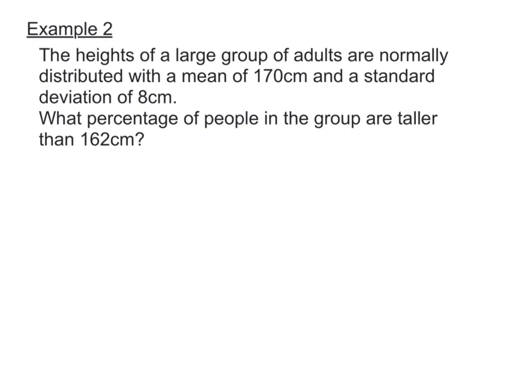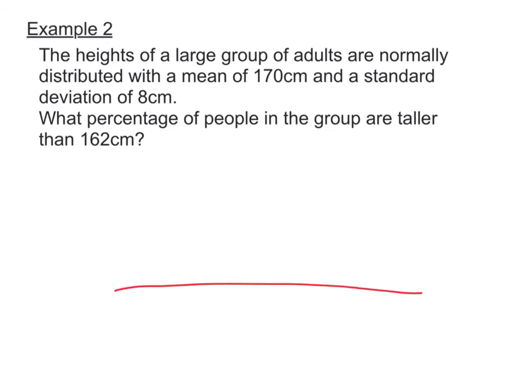Our second example says the heights of a large group of adults are normally distributed with a mean of 170 centimetres and a standard deviation of 8 centimetres. What percentage of people in the group are taller than 162 centimetres? Again, the first thing I like to do for these is draw a diagram.